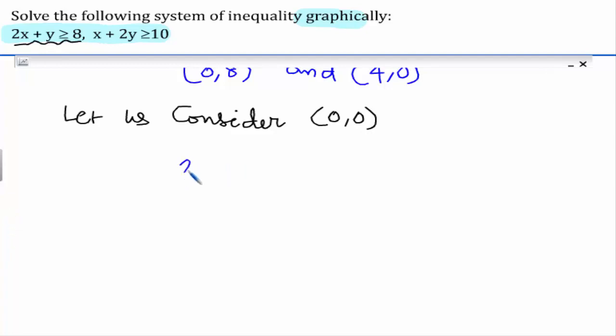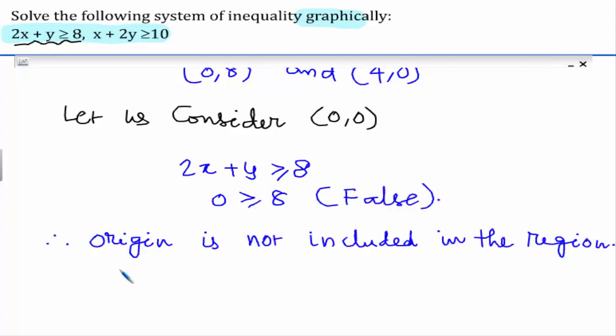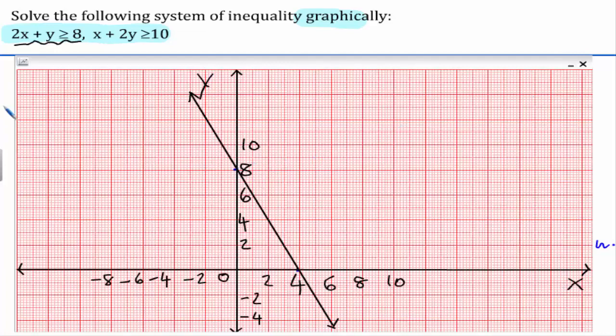The inequality is 2x plus y greater than or equal to 8. If I substitute 0 in place of x and y, I get 0 greater than or equal to 8, which is a false statement. So that means the origin is not included in the region. That means you have to draw the lines opposite to the origin like this.